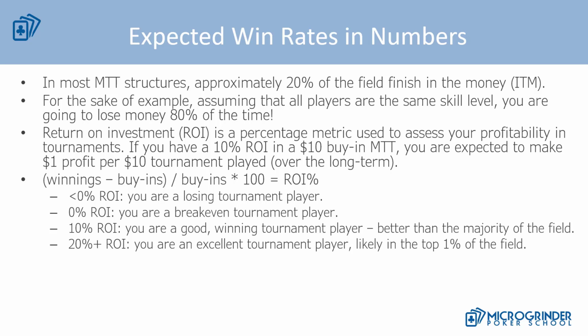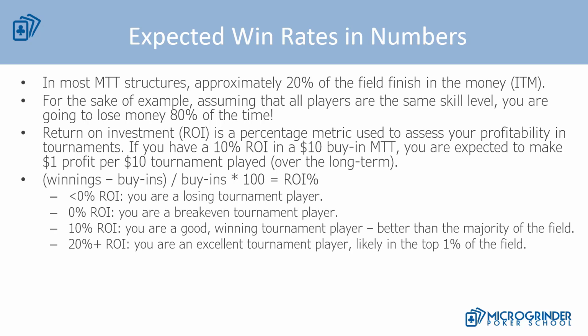Now we have some numbers here just to convey a kind of rough idea of where you stand based on your ROI. Now it's also important to remember that ultimately these figures are irrelevant over a small sample. This is something we'll touch upon in the next slide when we talk about variance.